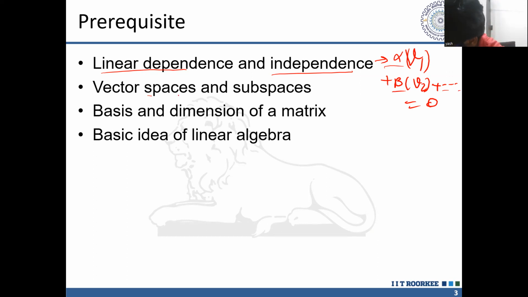The second prerequisite is vector spaces and subspaces. For vector spaces, in short, we can say that it must follow the addition property and the multiplication one.